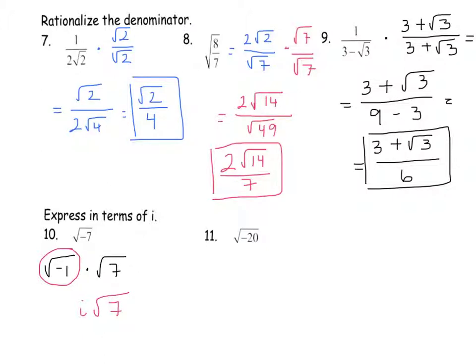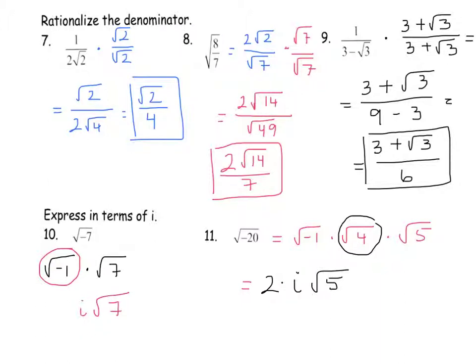On this next problem, I'm going to say the square root of negative 1 times the square root of 4 times the square root of 5. So if I simplify, first I am going to simplify the square root of 4, which is 2. Then I am going to simplify the square root of negative 1 to i, and square root of 5.